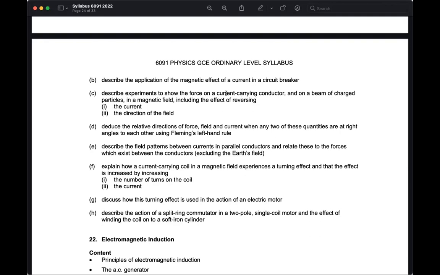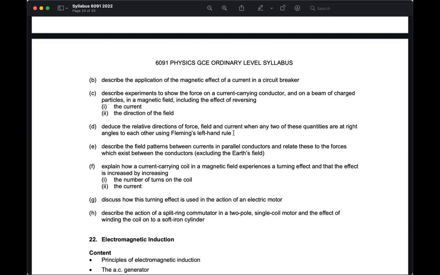Meaning that if you have a current in a magnetic field, you will produce a force. Clear? You'll produce a force. That's what you're going to do. And all these three things are related, and we use Fleming's left-hand rule to determine the direction.